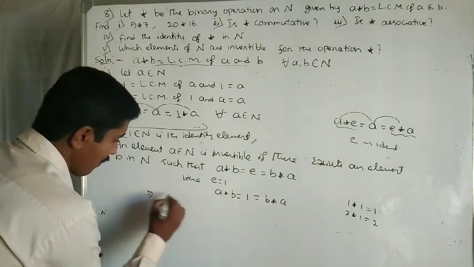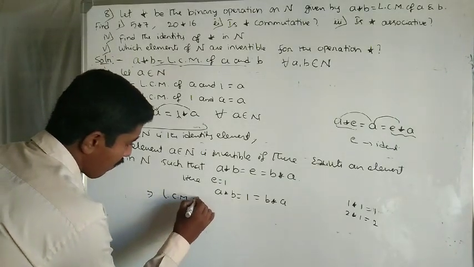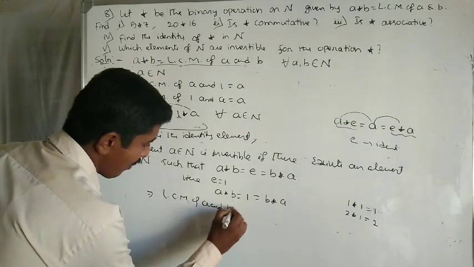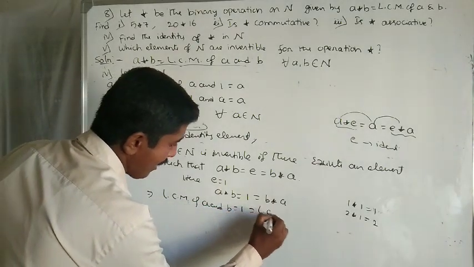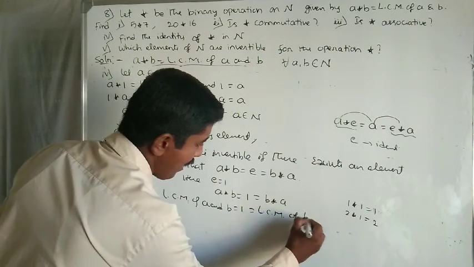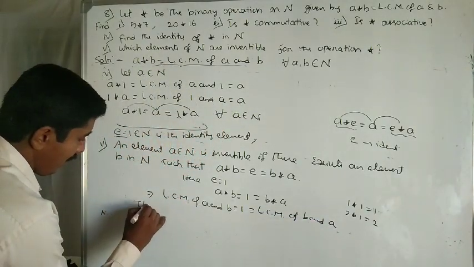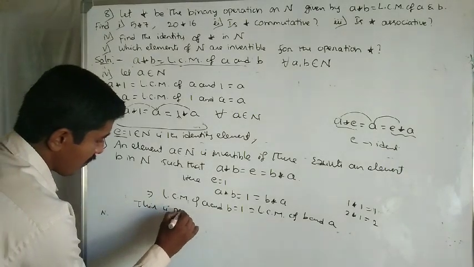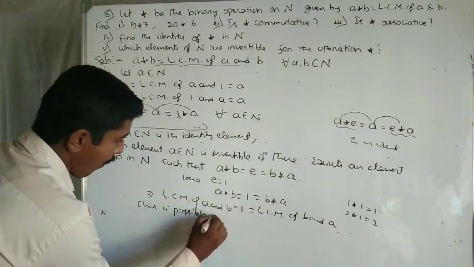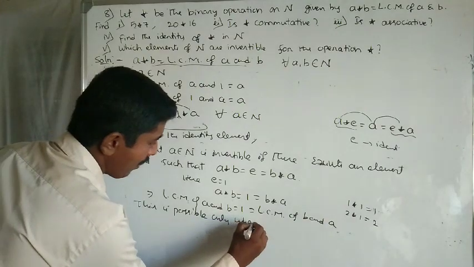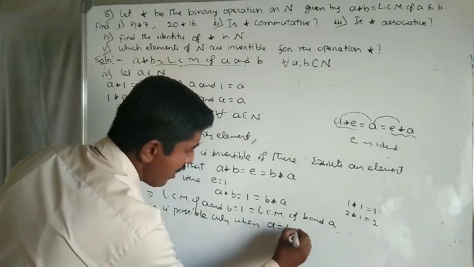Here A star B is LCM of A and B equal to 1, and B star A is LCM of B and A. So this is possible only when A equal to B equal to 1.